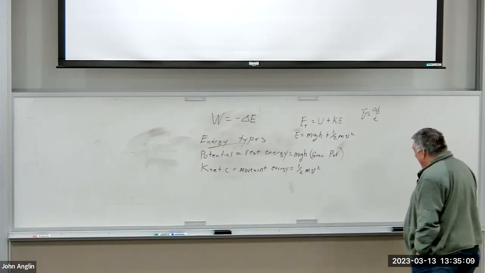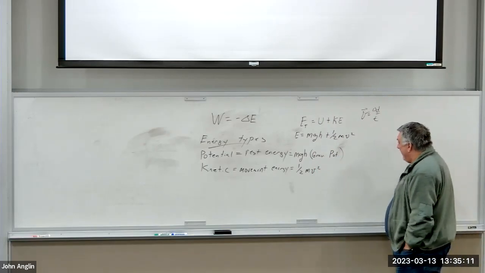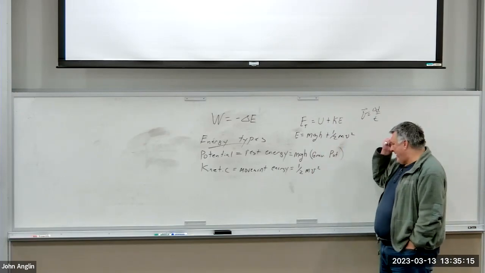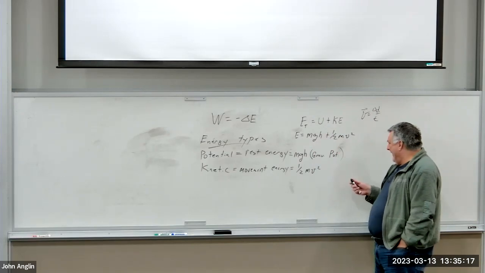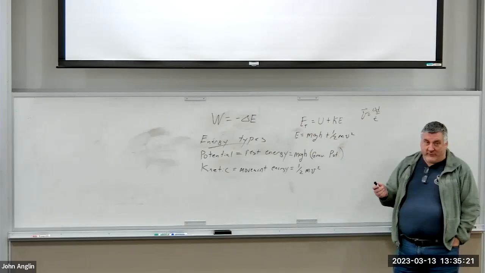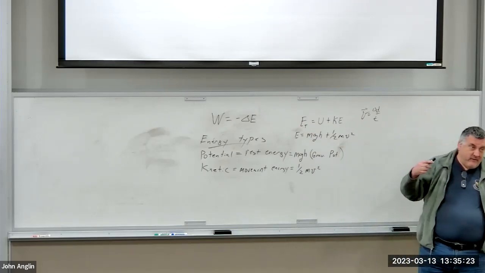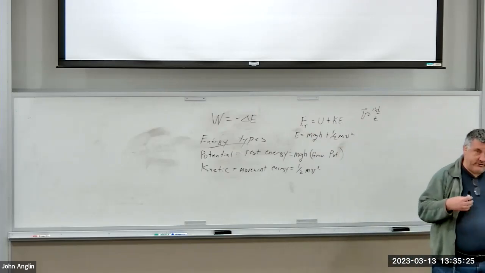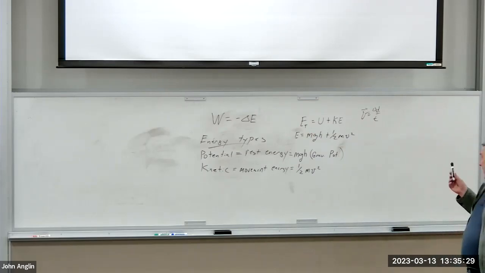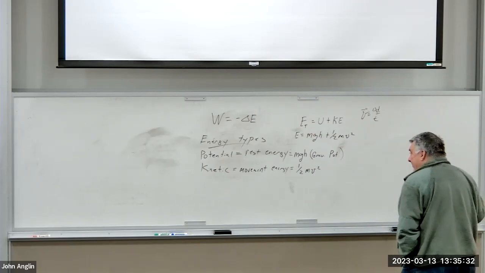So if we start accounting for signs, what you'll find is that generally energy is going to be conserved, right? So the sum of all this energy, the sum of kinetic and potential, has got to be 0, typically.